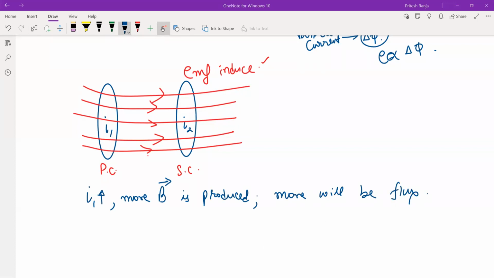And the more the flux will be, that means there will be flux change and EMF will be induced. That means what we are observing is the flux in the second coil. We are talking about one coil here, and the same thing will apply for all the turns, or we can say the total flux is directly dependent on the current in the primary, right?